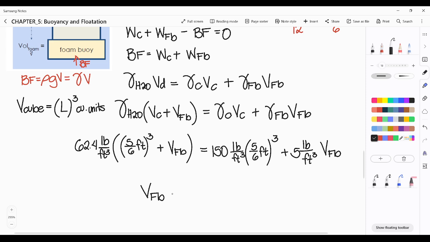the value of the volume for the foam buoy, let's just round it off to 4 decimal places, 0.8832. That is in cubic feet. And this is our final answer for this problem.